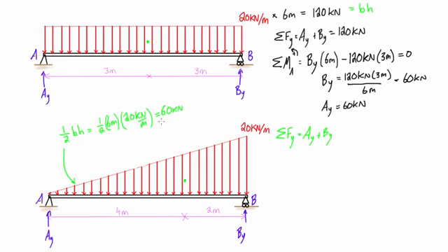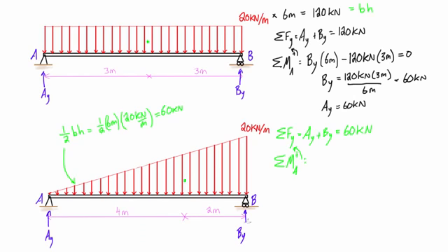And then we have this 60 kilonewtons, the total force from this distributed load acting downwards. So we'll put that on the other side of the equation, and that's all equal to 60 kilonewtons. Now when we take the sum of moments about some point, let's say about point A, we'll define some positive sense here for our equation.